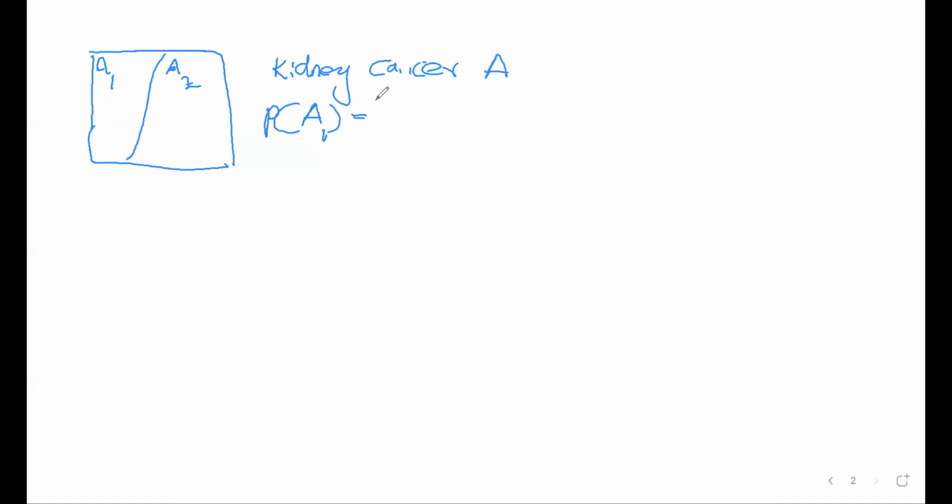So it should be 1 upon 10,000, that is equal to 0.0001. This is a patient having kidney cancer, right?